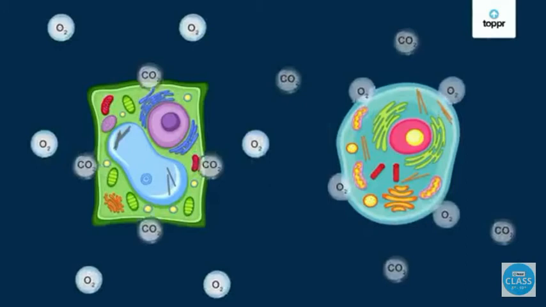As soon as there is a difference of concentration of carbon dioxide inside and outside a cell, carbon dioxide moves out of the cell from a region of higher concentration to a region of lower concentration outside the cell by the process of diffusion. Similarly, oxygen enters the cell by the process of diffusion when the level or concentration of oxygen inside the cell decreases.